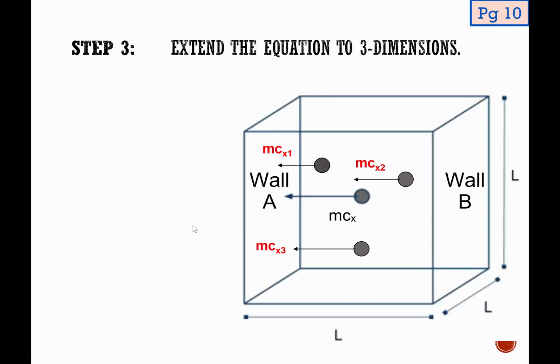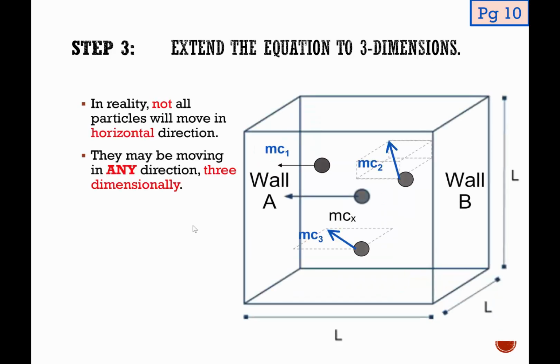When we relax the assumption to allow the molecules to move in any random 3-dimensional motion, this molecule may possibly be moving this way as shown. So you still have mc1, which is still moving in the left-right direction, the x direction. And then you have this mc3 here, which is moving in some diagonal direction in a horizontal plane.